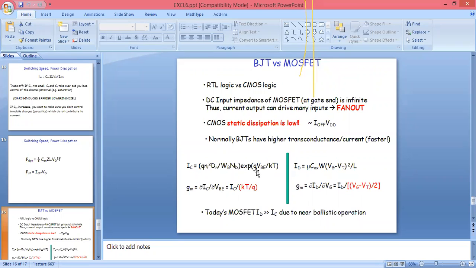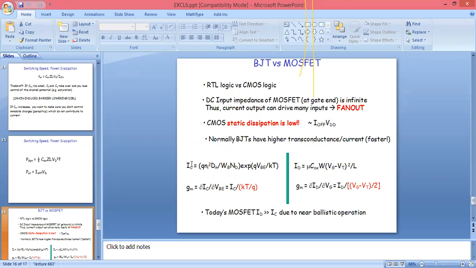If you write the equations for the output current, as MOSFETs have three terminals, gate, drain and source, the output current for N channel will be the ID current flowing from the drain. And in BJT, what is there? Three terminals, emitter, base, collector. So IC, the collector current, will be the output current.